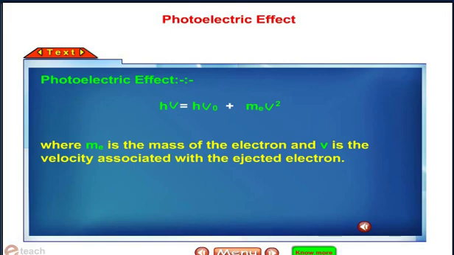The equation is h nu equals h nu naught plus half m_e v squared, where m_e is the mass of the electron and v is the velocity associated with the ejected electron.